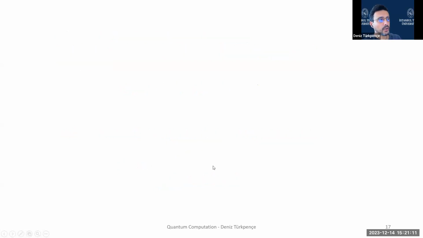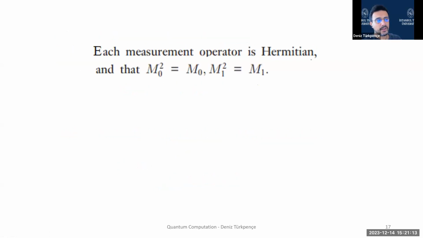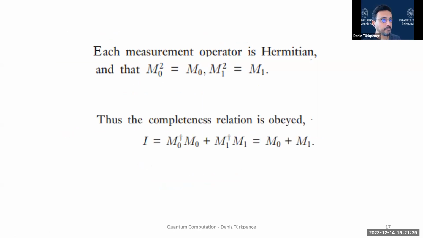Okay, so let's see it with an example, but before, we should understand some properties of the measurement operator. Again, each measurement operator is Hermitian, which means that when you multiply these measurement operators by themselves, you should obtain these measurement operators again.